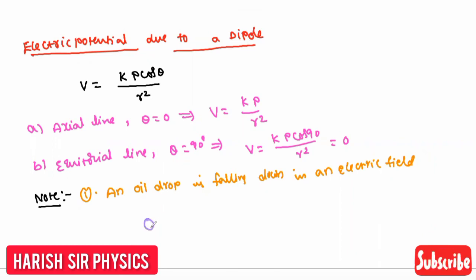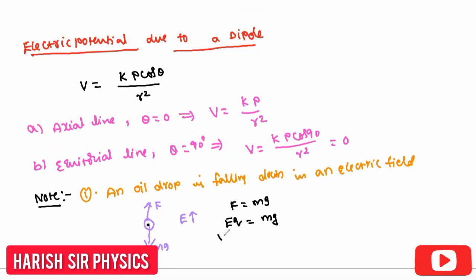So this is the oil drop. Weight is acting downward. The force F, so this is the electric field present here, E. If it is in equilibrium condition, F is equal to M into G. Due to the electric field, F is equal to EQ. So EQ is equal to M into G.